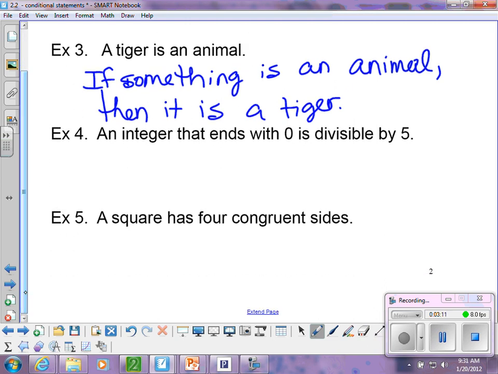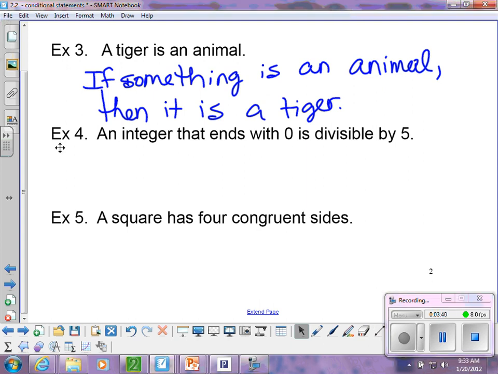Just kidding. All right. An integer that ends with 0 is divisible by 5. No, you got some identifying words in this one. Everybody think about it. Everybody come up with it. What'd you put? Awesome.